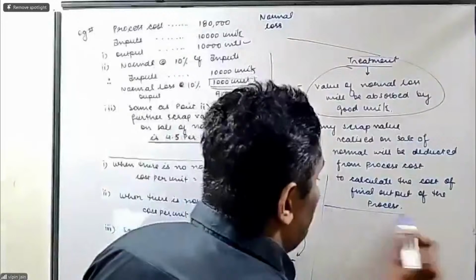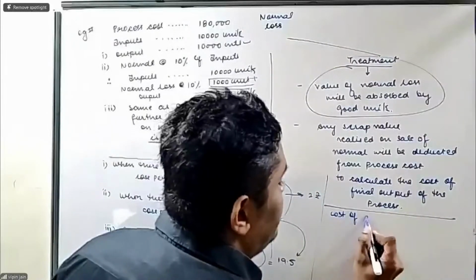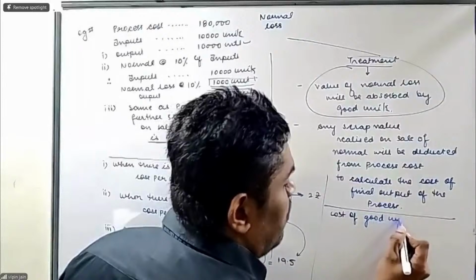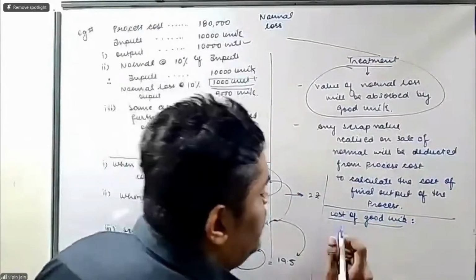In short, there is a formula that is given in the question, cost of good units, but no need to memorize the formula. I'm just writing it for your reference.